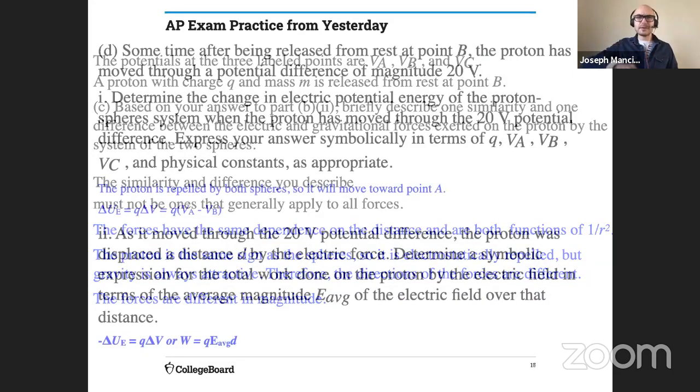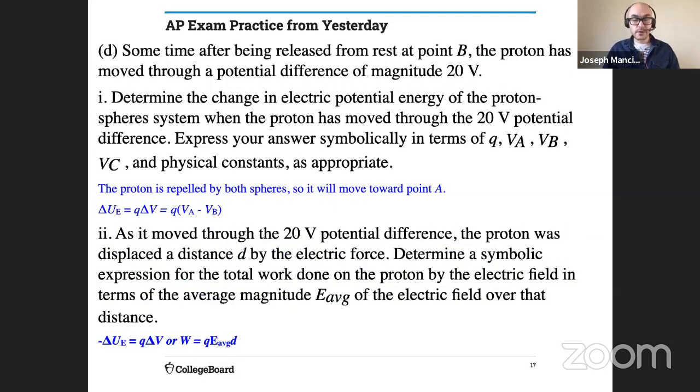All right, sometime later after being released, the proton has moved through a potential difference of 20 volts. Determine the change in the potential energy and express your answer symbolically. So the change in electric potential energy is charge times the change in potential, delta V. Delta V is just a comparison of the potential at 2 points, so VA minus VB.